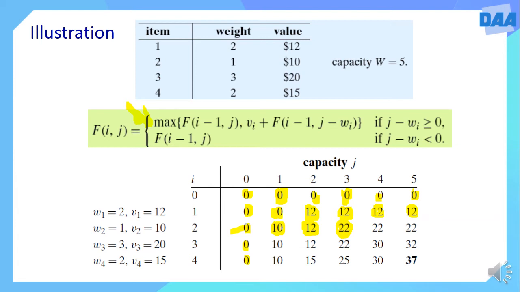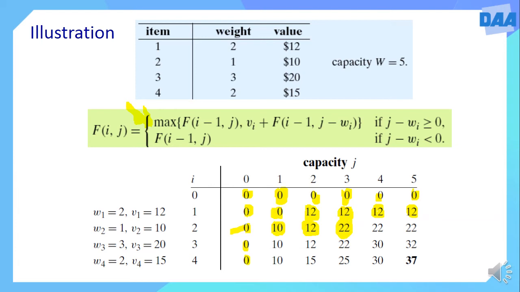So f of i minus 1, j is nothing but 12. By adding the ith item, it is 12 plus 10. So vi is 12, f of i minus 1, j minus wi is 10. So it is nothing but 10 plus 12. It is 22. So maximum of 22 and 12, it is nothing but 22.